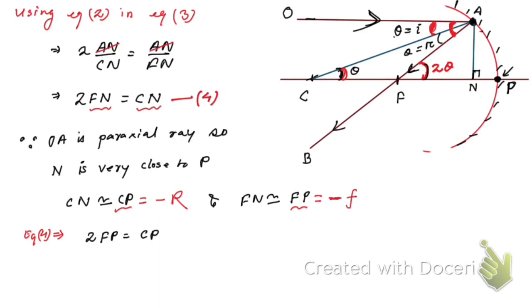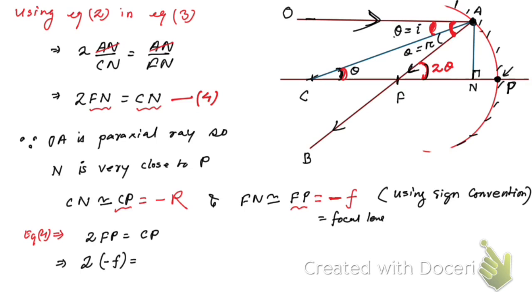So in this relation, 2Fp can be replaced by minus small f, which is the focal length, and this capital R is nothing but the radius of curvature.